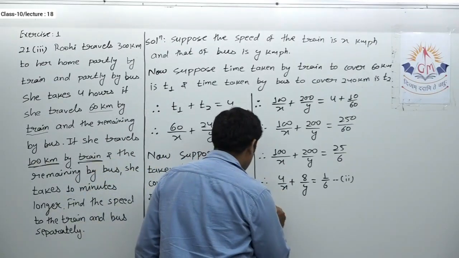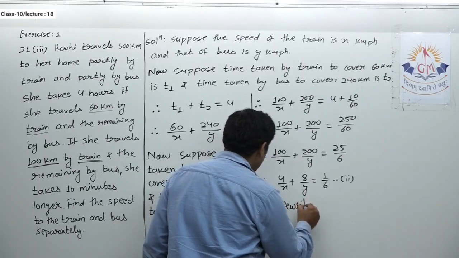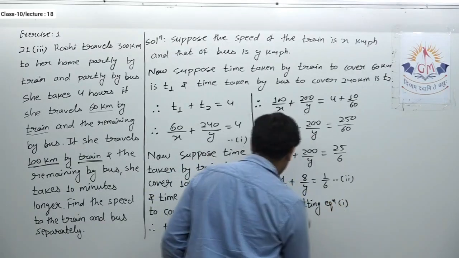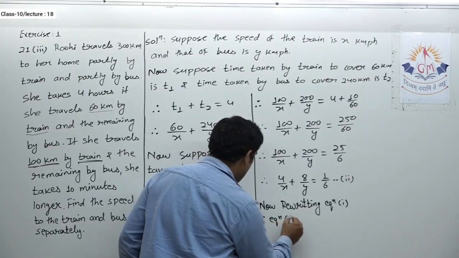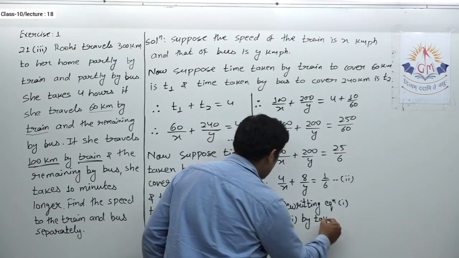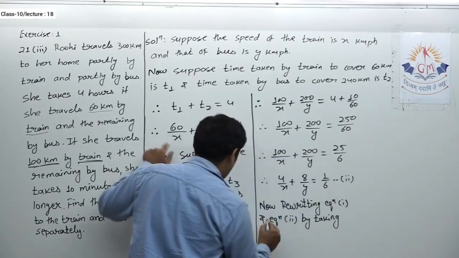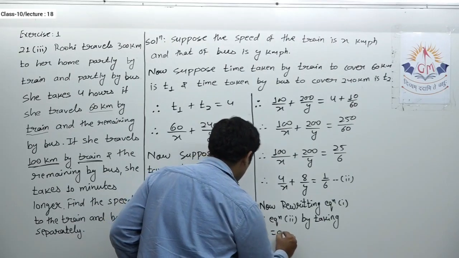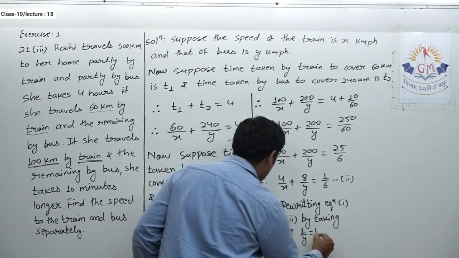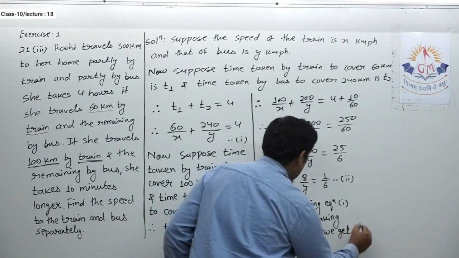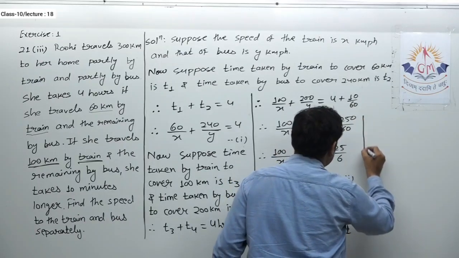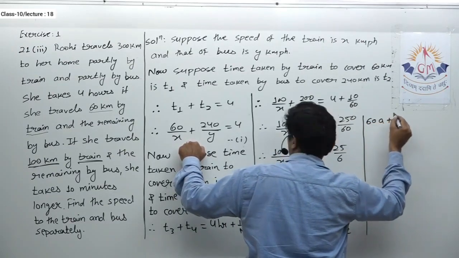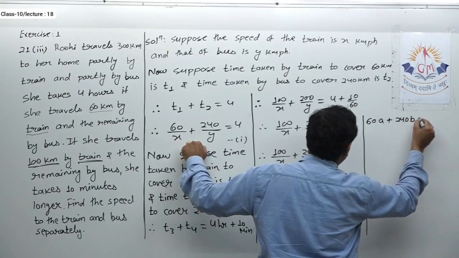So rewriting equation first and equation second by taking 1 upon x equal to a and 1 upon y equal to b, we get 60a plus 240b is equal to 4.